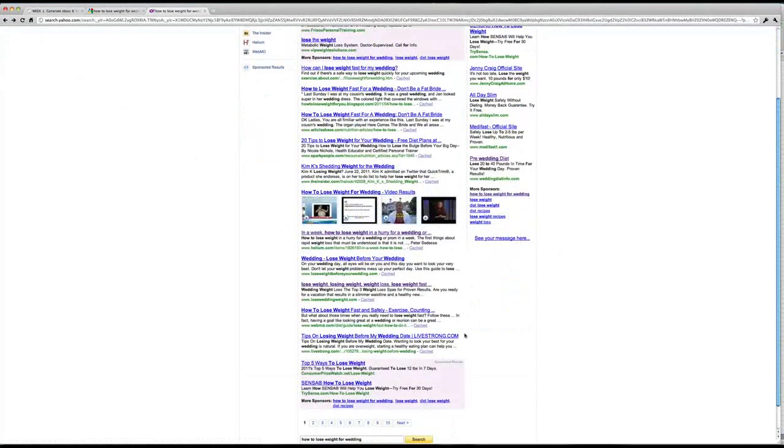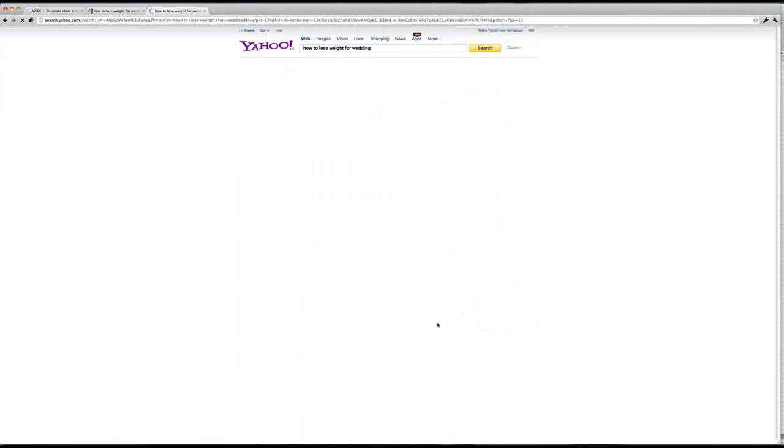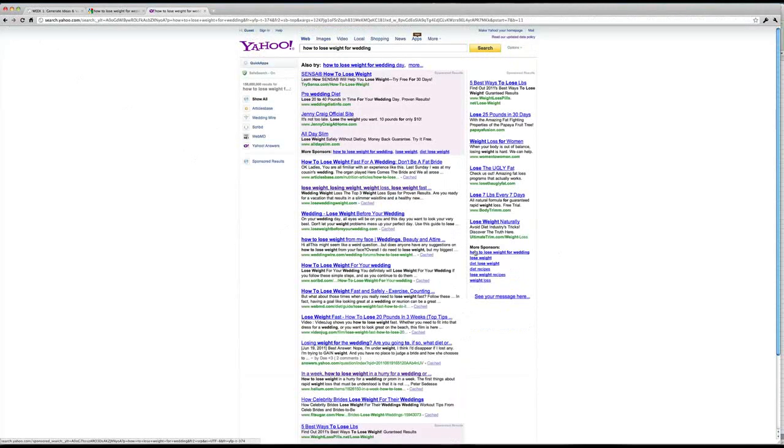And then let's come down here and go next and see if we see any additional information. Wedding diet info, I think that's the one we just looked at. Weight loss pills, lose the ugly fat.